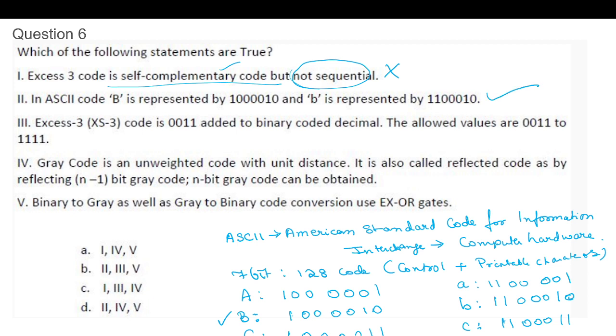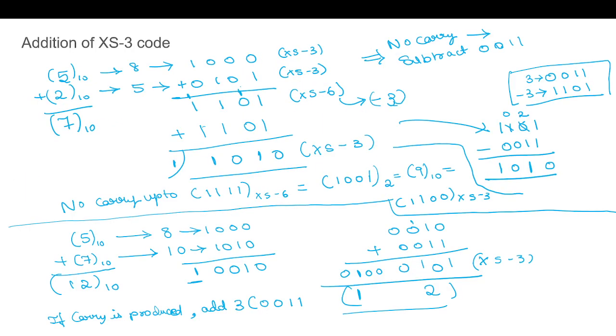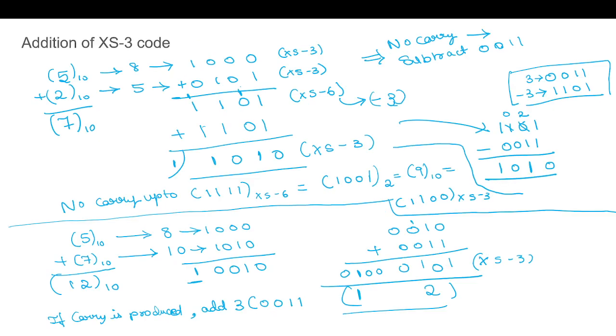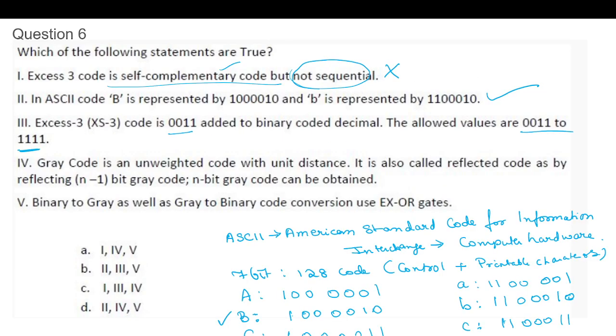XS3 code is 0011 added to binary code, and the allowed range they have given till 4 ones, and we have seen that in our XS3 code it is from 0011 to 1100. So this is not a valid range.